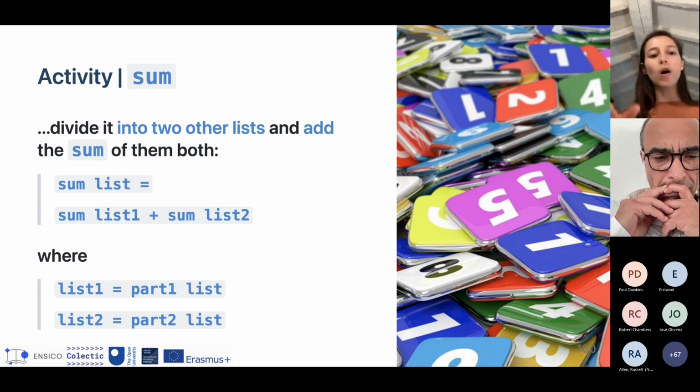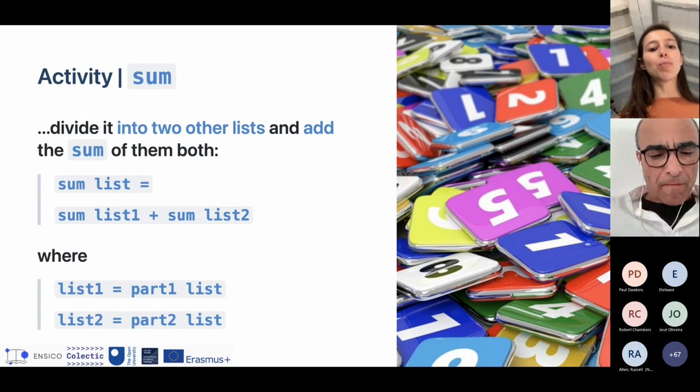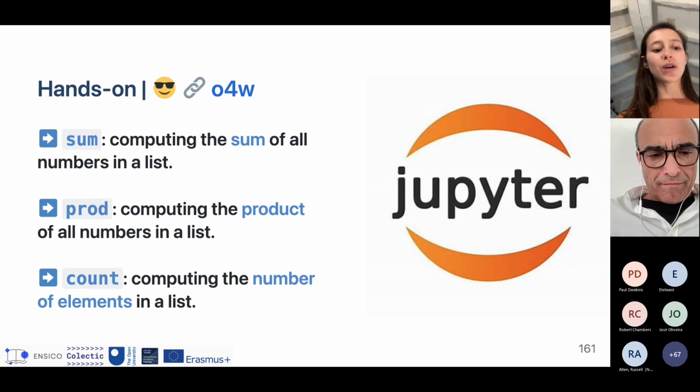So we are dealing with smaller lists. And we keep doing this process of splitting the lists into two parts, until we reach a point where we have a list with just one element, and we already know how to solve that basic problem.